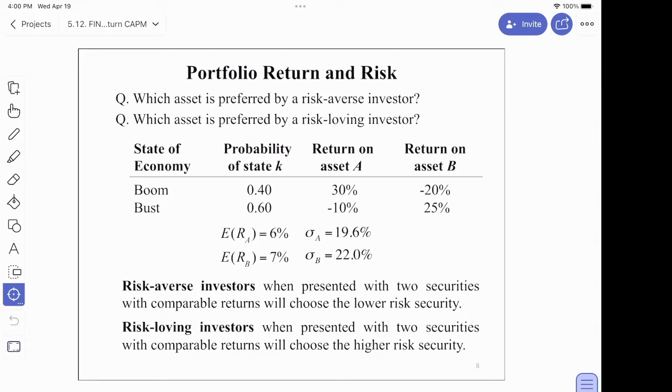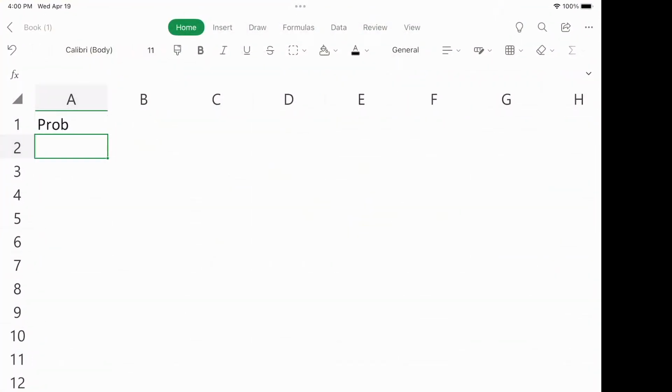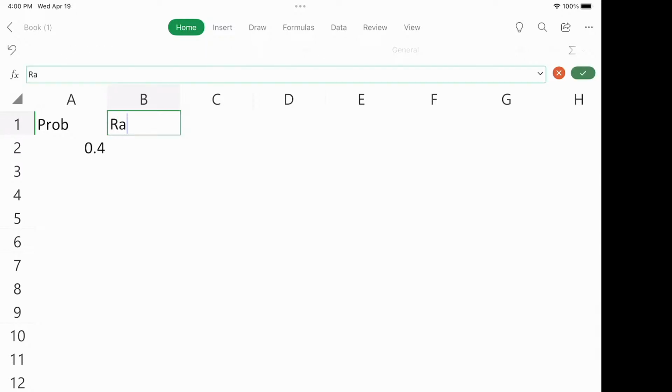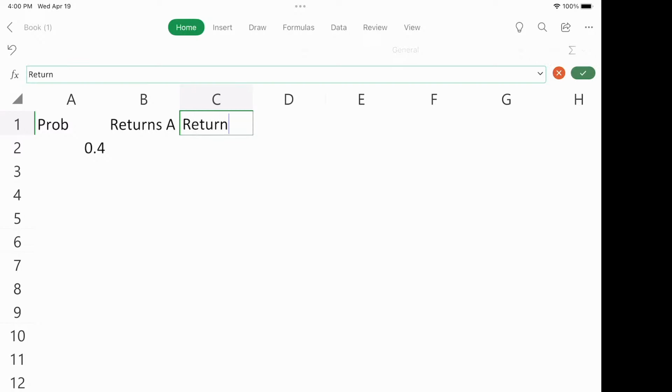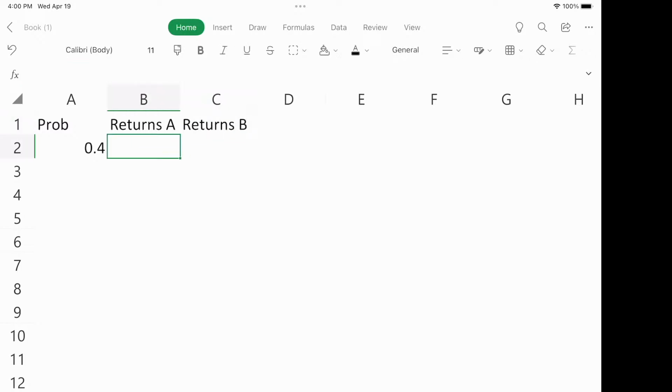So going back to the original data, the probability was 0.4, and for asset A, and B, you had 30%.